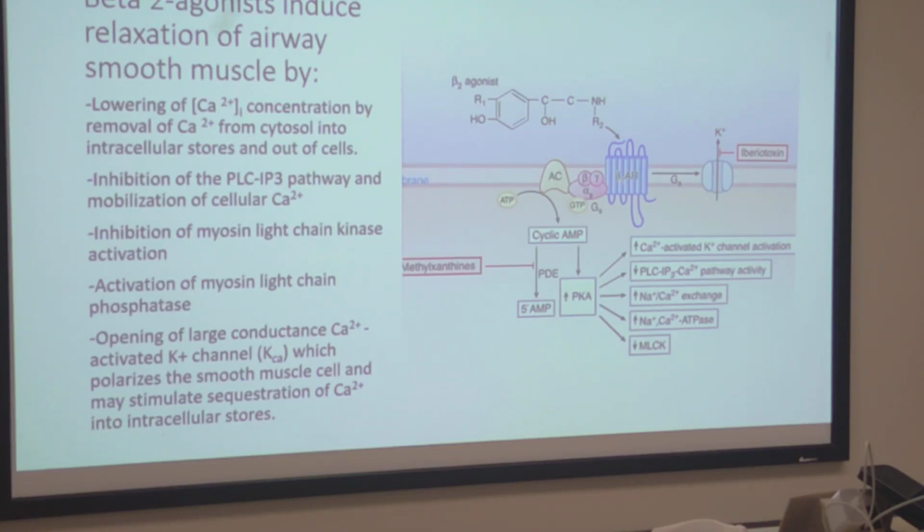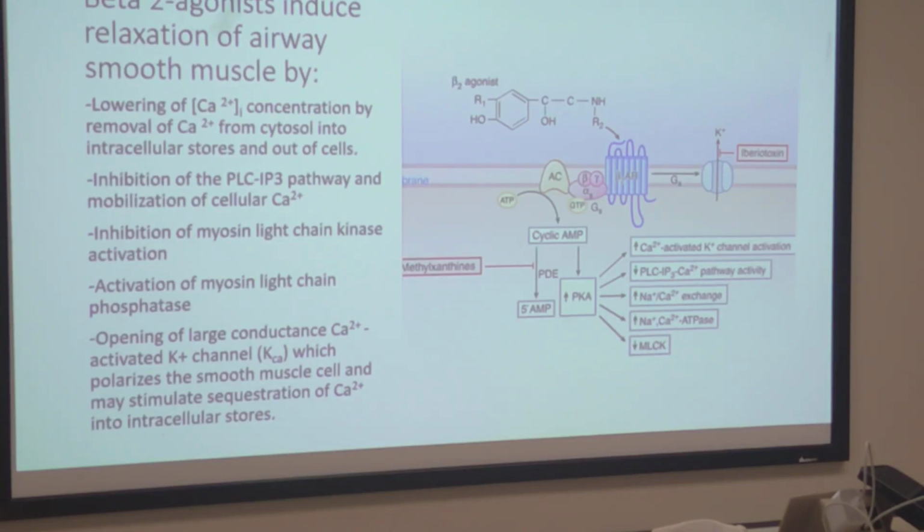They lower the calcium concentration by removing calcium from the cytosol, and inhibit the PLC IP3 pathway. That means phospholipase C activation will cause IP3 activation. So if you inhibit PLC, then it will inhibit IP3. So inhibition of IP3 receptor will make the calcium stay back in the intracellular storage, which is in the endoplasmic reticulum.